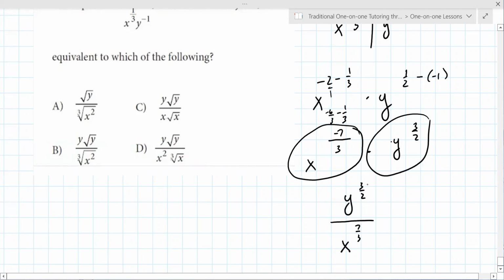So go ahead and try writing the y as a root. I put the 2 on the square root thing, y to the third. Good. Okay, over cube root x to the 7th.